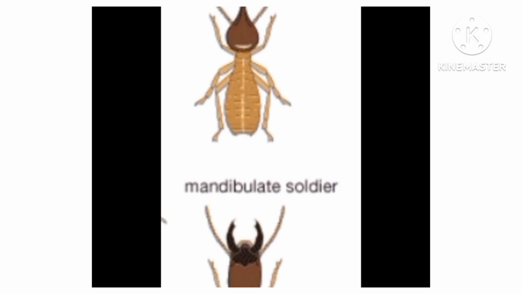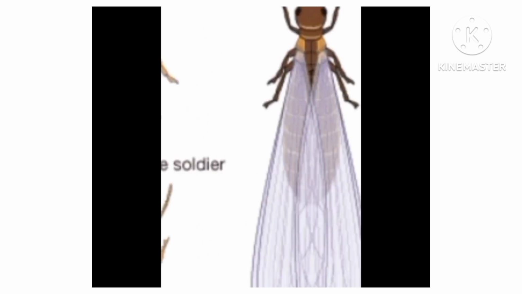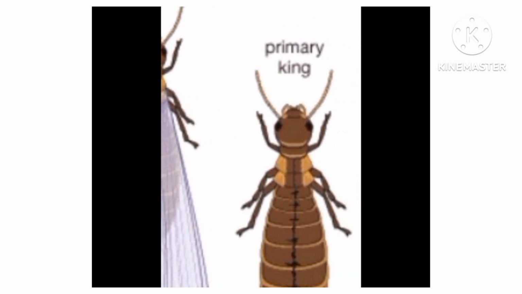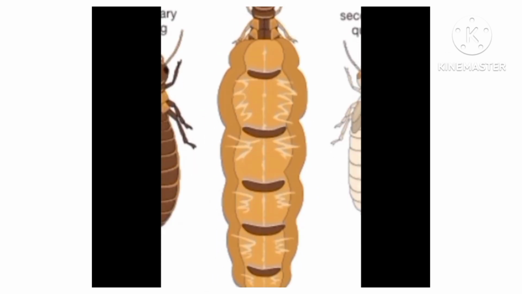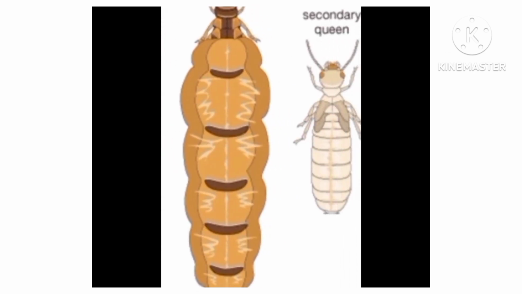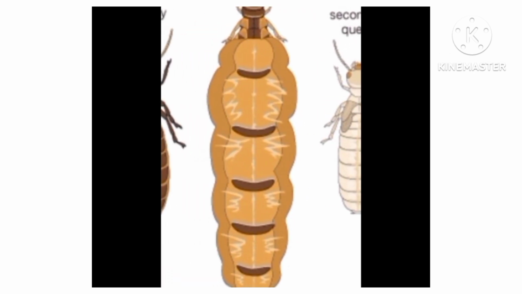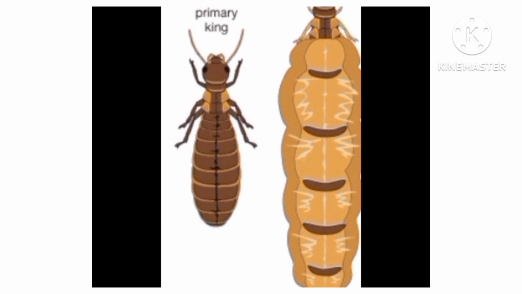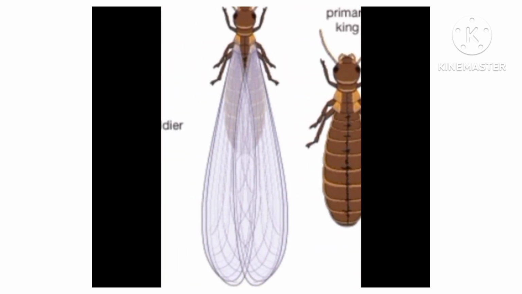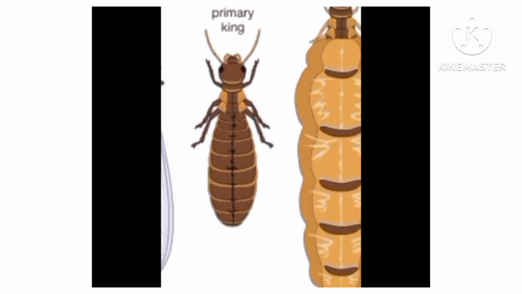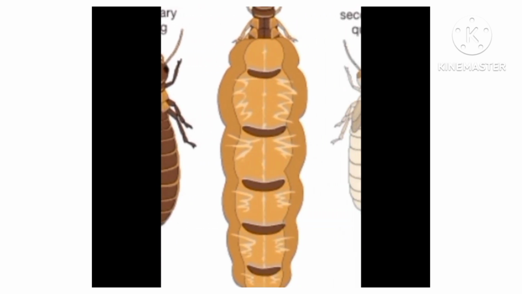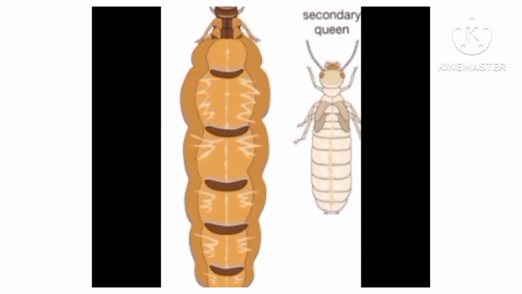And we also have the queen and the reproductives. They help to sustain the lineage. They help to sustain the existence of the breed of termites. So when it gets to a particular point, they carry out social mating, which is known as nuptial flight.